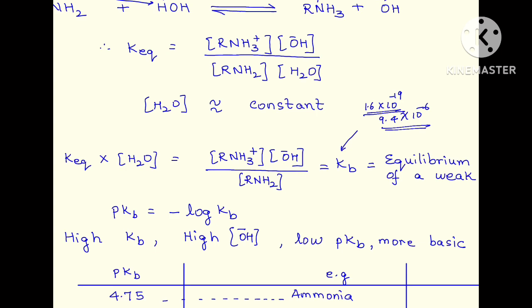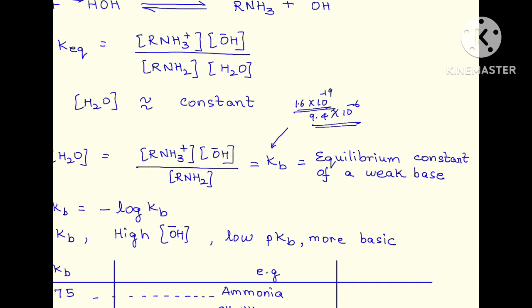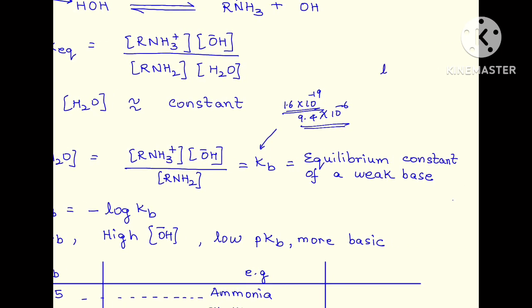So what we do is we express it as a log value. If I take the log of 1.6 into 10 to the power minus 19, I will get some negative value over here. So I want to convert that negative value into a positive value. So I take the negative log of this value.